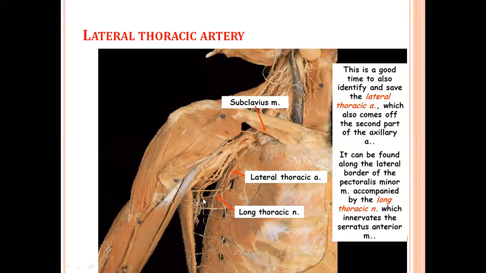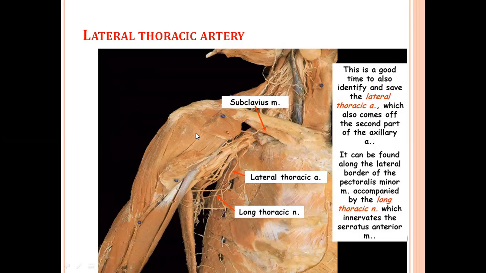If the structures feel hard, cord like, they are nerves. The structures which are hollow with a lumen inside are generally arteries. And the structures which have a lumen, are a little bigger and bluish in color, those are veins. That's how we differentiate artery, vein and nerve.